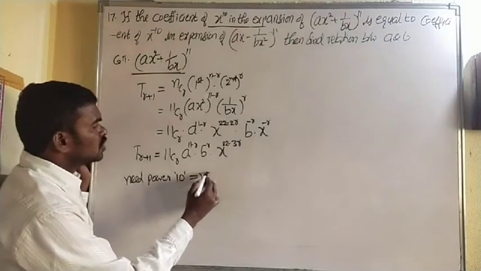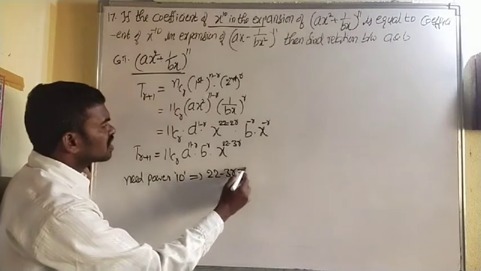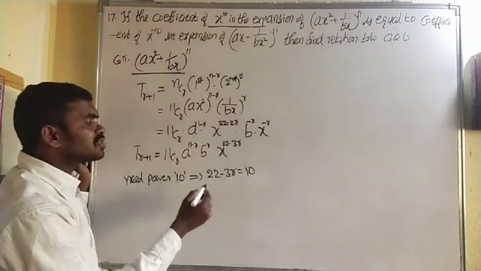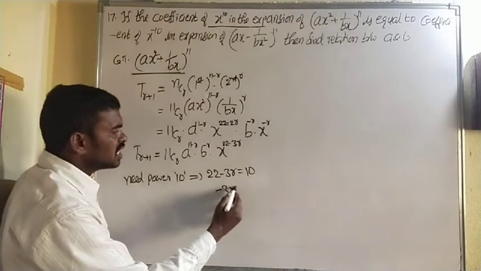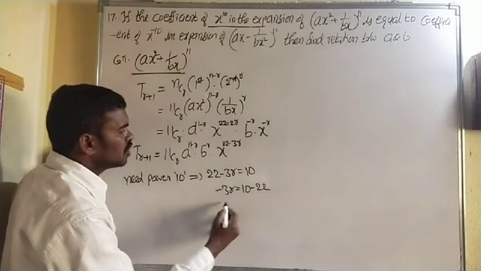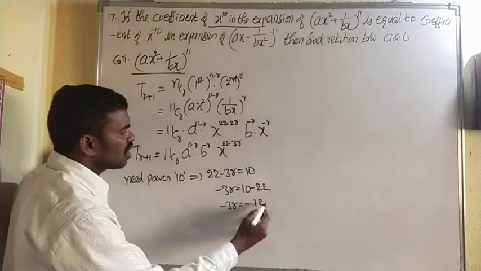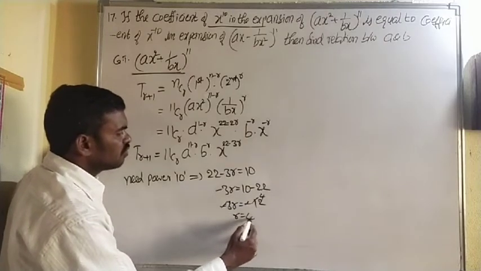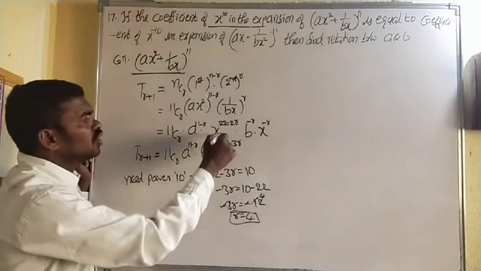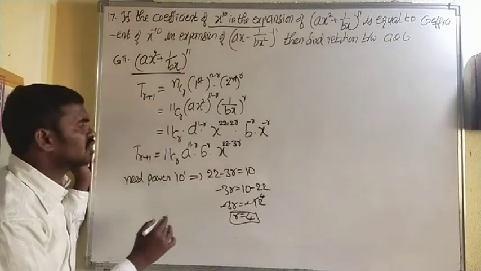That implies 22 minus 3r must be equal to 10. At what value of r does it become 10? See, minus 3r equals 10 minus 22, so minus 3r equals minus 12. Minus minus cancels, 3 times 4 is 12, so r equals 4.